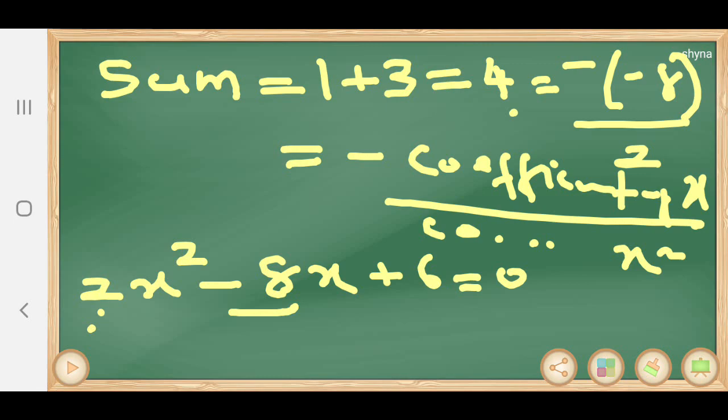Negative of coefficient of x by coefficient of x square. Listen, dear children, while writing, don't forget to put this negative symbol for the coefficient of x. Okay, then, yes, 2x square minus 8x plus 6 is the one equation. Yes, one case, one example we consider. Then the sum we wrote like this.